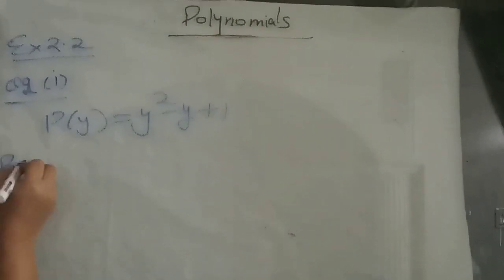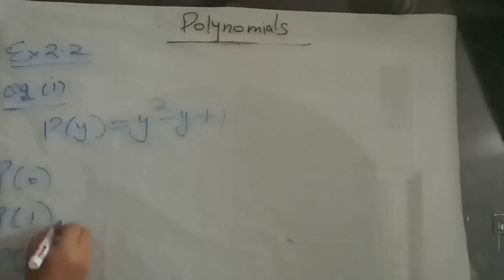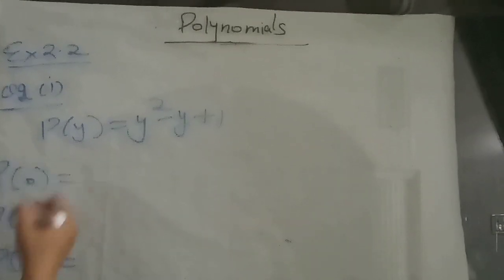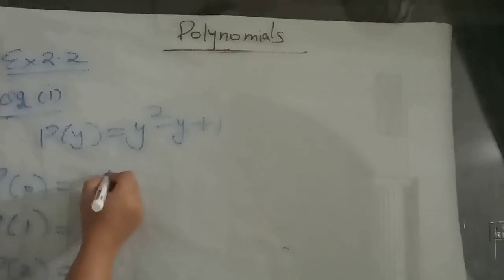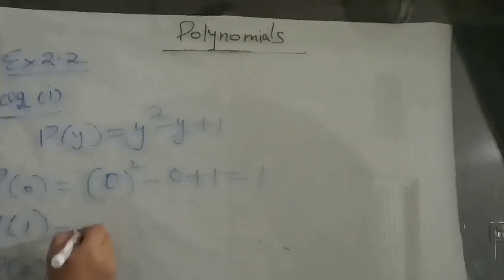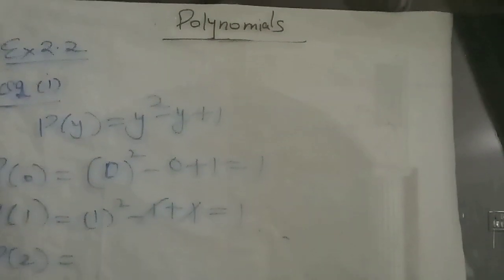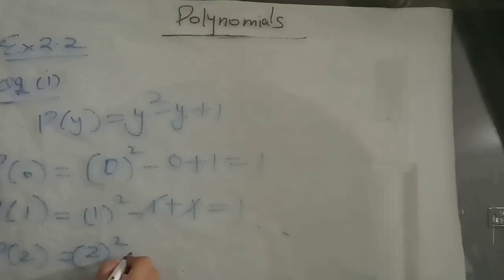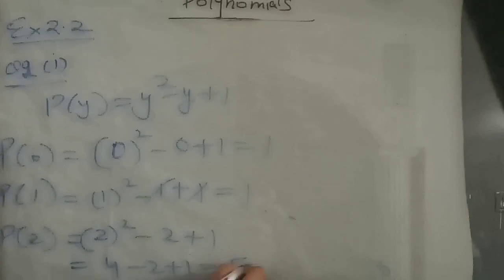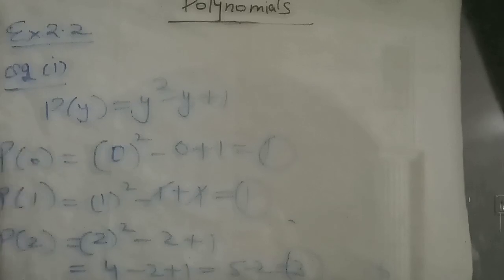You have to find p(0), p(1), p(2). Here the variable is y, so put 0 first, then 1, then 2. 0 square minus 0 plus 1, so your answer is 1. Put 1: 1 square minus 1 plus 1, answer is 1. 2 square minus 2 plus 1, so it is 4 minus 2 plus 1, 5 minus 2, it is 3. So your values are 1, 1 and 3.